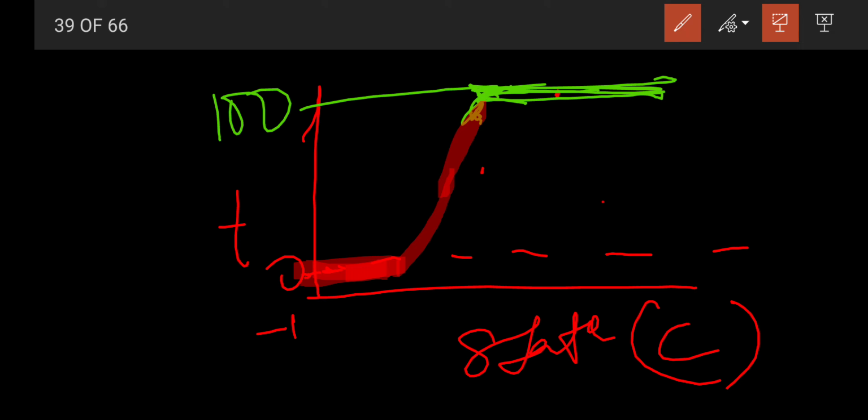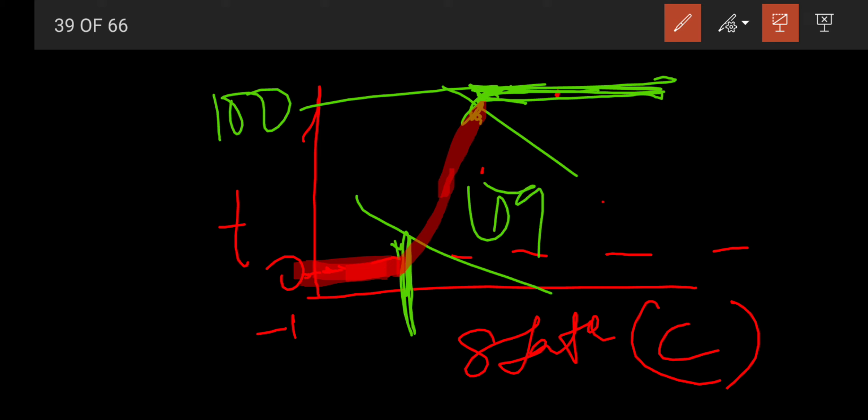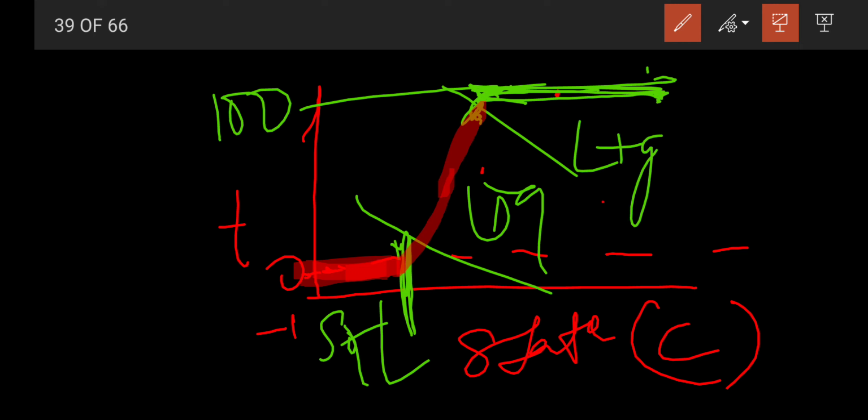This is the point when all ice transforms into liquid. So at this phase, only liquid is present. Here, liquid and solid are present. Here, liquid and gas are present. At this point, when all liquid is transformed into gas, its temperature will rise automatically, and everything will be gas.